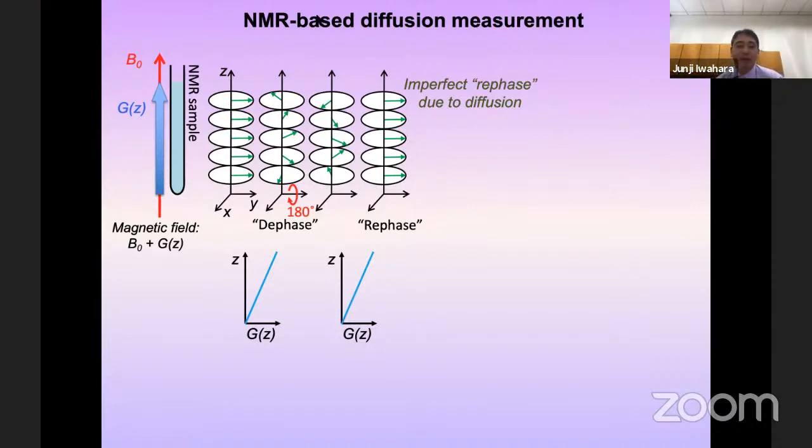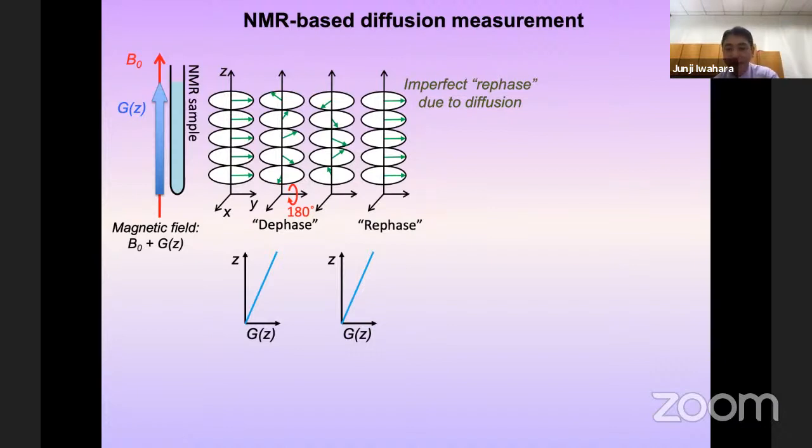For example, if one spin was located here during the dephasing stage, but through diffusion, it moved to the position right here, then the frequencies during the dephasing stage and during the rephasing stage are different. And because of that, the rephasing doesn't become perfect.